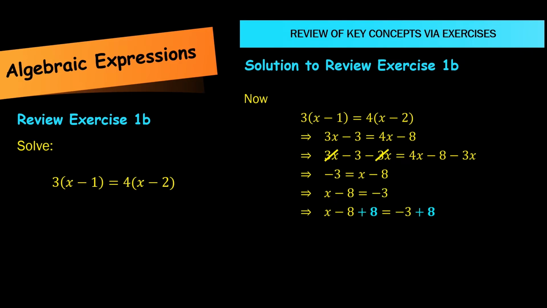Adding the 8 allows us to cancel the minus 8 and the plus 8 on the left-hand side. So we're left with x equals 5, as shown.